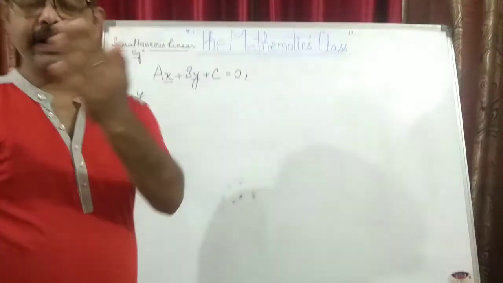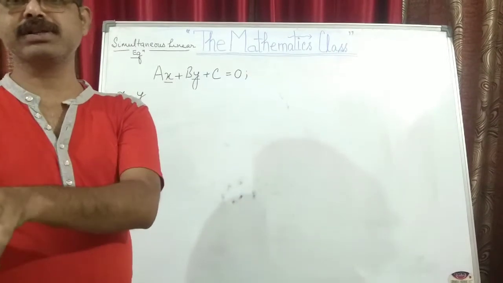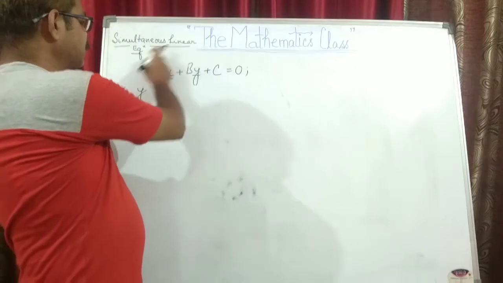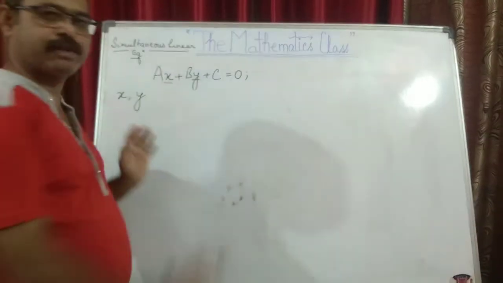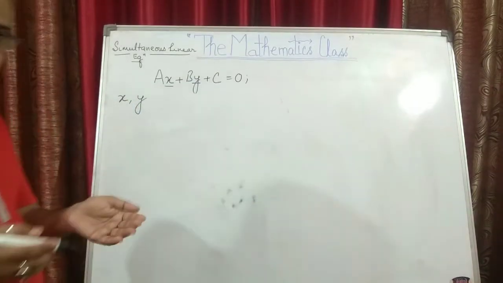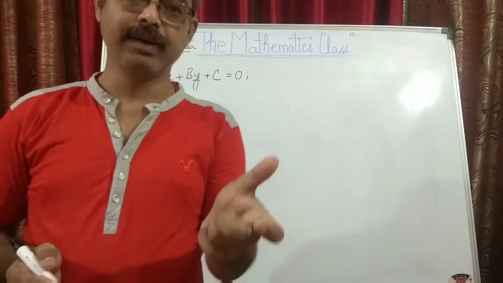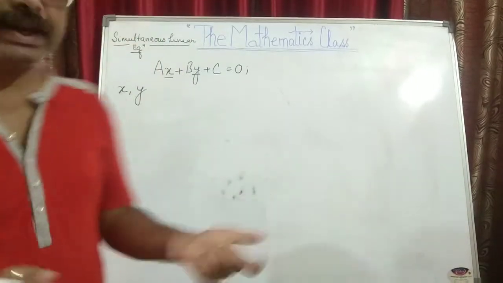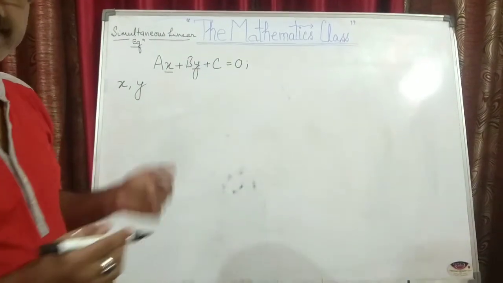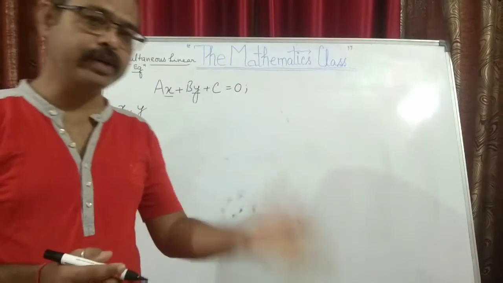Satisfies means the left hand side is equal to the right hand side. In this case the total should be 0, then only it will satisfy. So finding the values of x and y, an ordered pair x and y, is the solution of a linear equation in two variables.